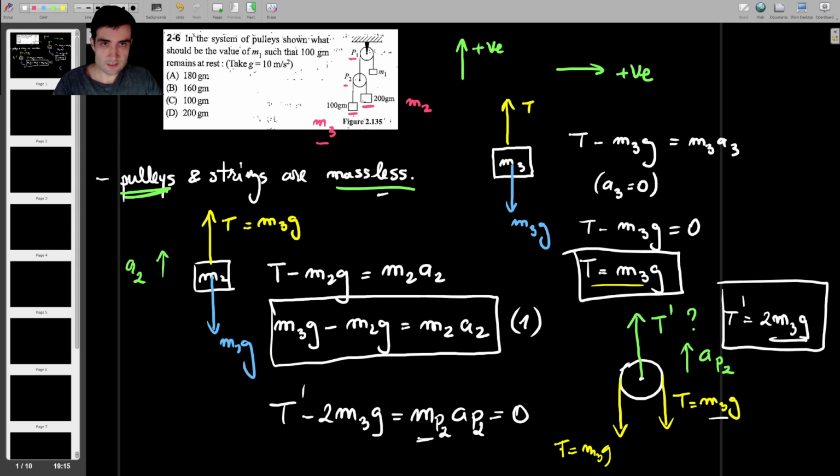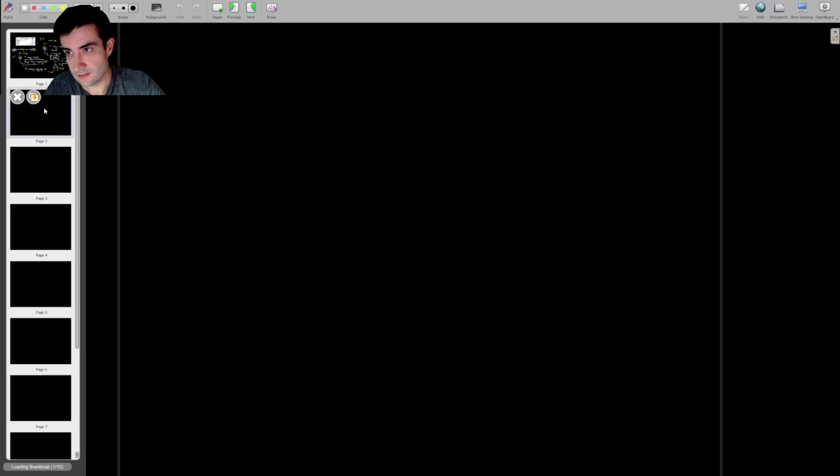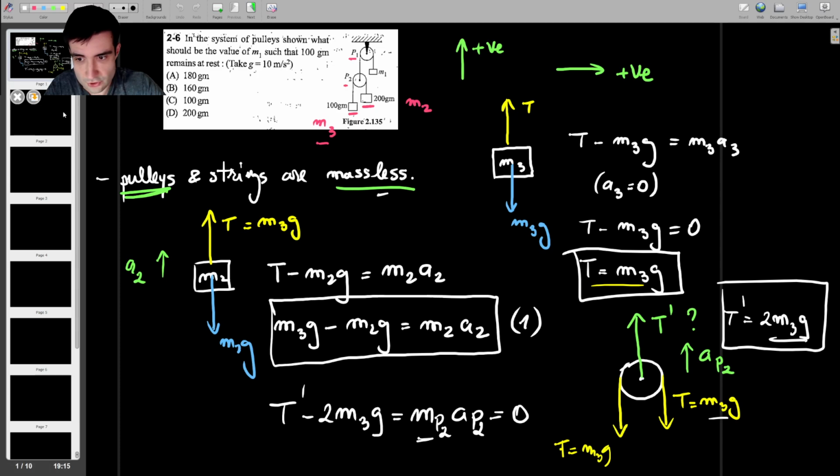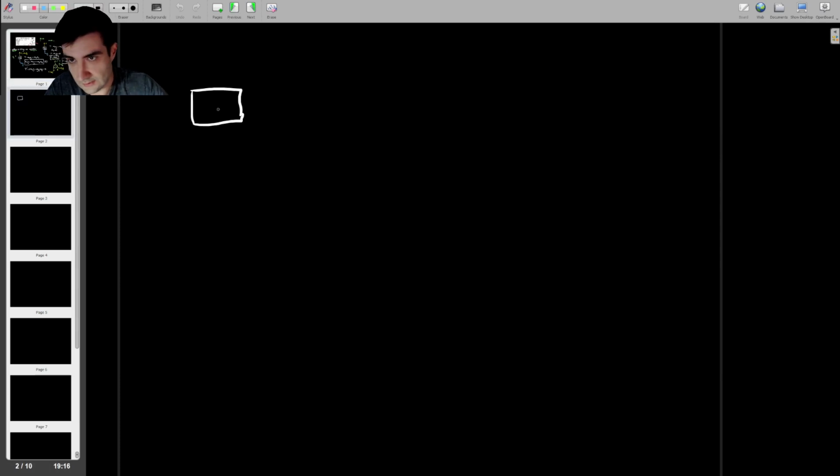So with this in mind, we can draw the free body diagram on M1, on the unknown mass, right? So let's see what that is. So we have M1G, which is that's going down. So this is like that.